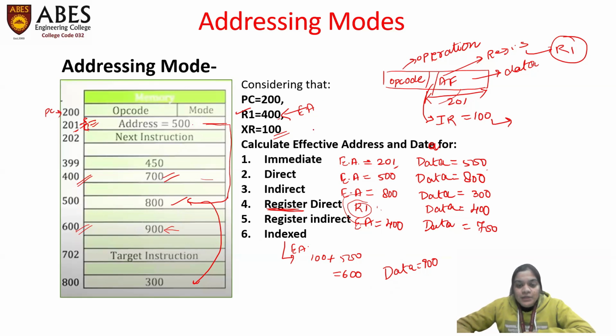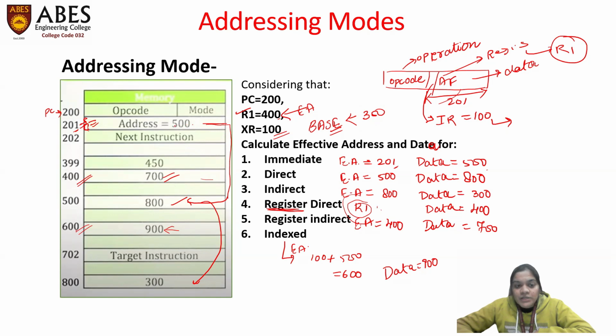We have also seen one more kind of addressing mode, which is base register addressing mode. Let me give you one example. For example, base register value is given as 300. So this 300 value will be added with the address field value.